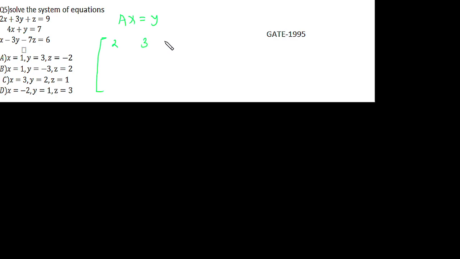Now here we have x, y, and z. Now on the right hand side, we have to write the 9 in the same order.